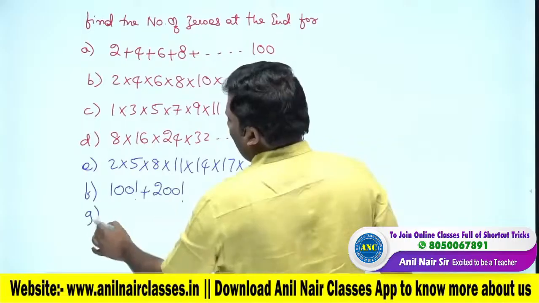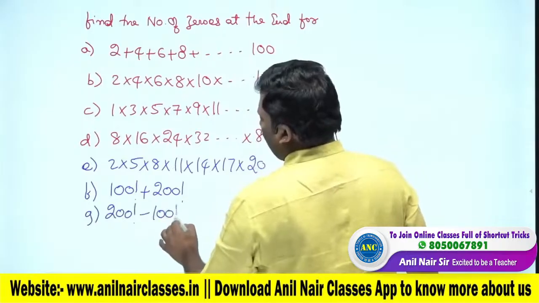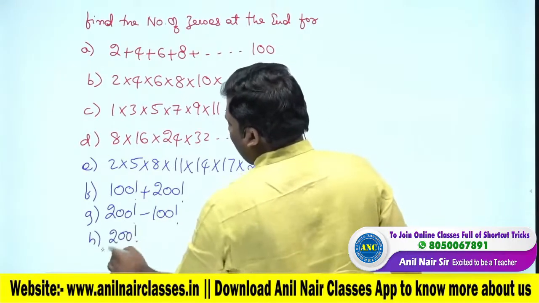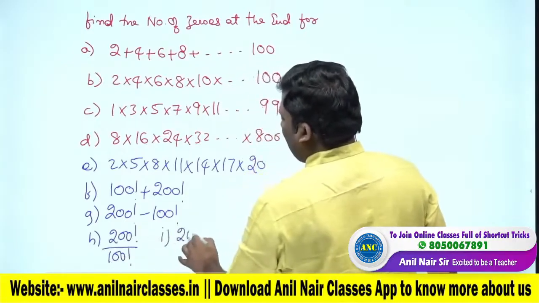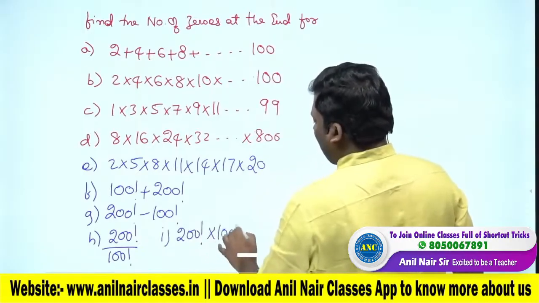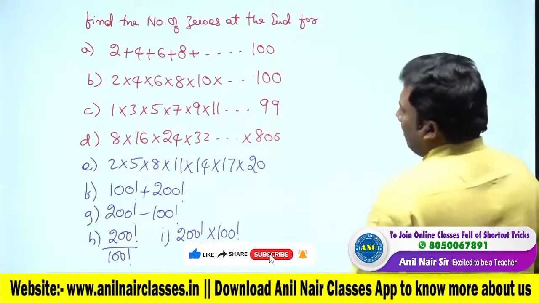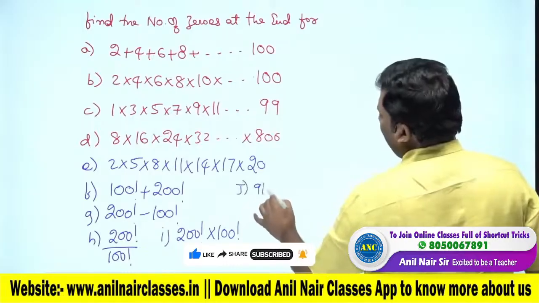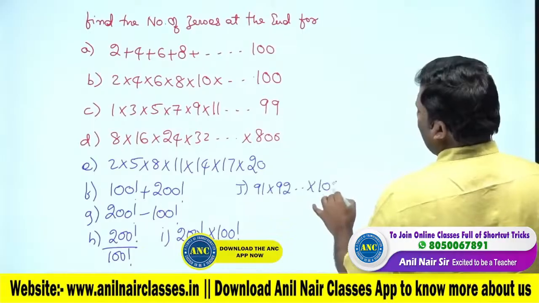G: 200 factorial minus 100 factorial. H: 200 factorial by 100 factorial. I: 200 factorial into 100 factorial. J: 91 into 92 into, and so on up to 100.